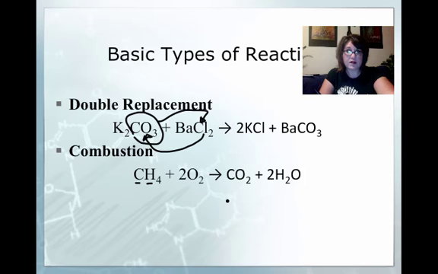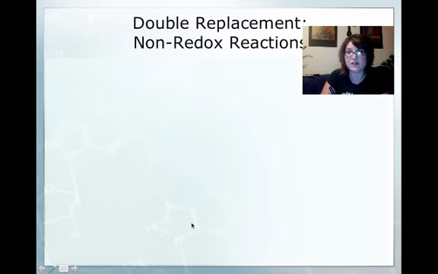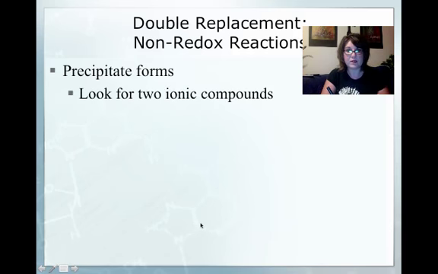We're going to focus on the types of reactions that are not typically redox reactions, where redox is not our focus, but let me show you how to predict products for basic reactions. So let's start with double replacement. Here's one sign that a reaction has taken place, that a precipitate forms.